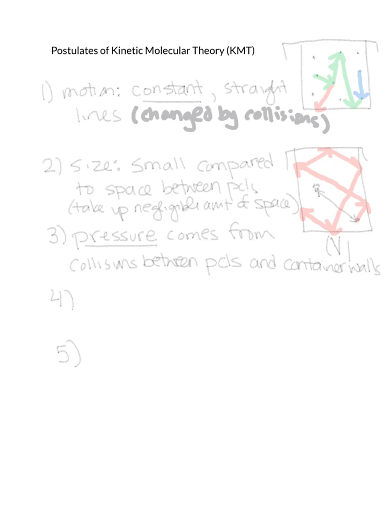The fourth postulate is about collisions again, and it's an assumption that we make about those collisions. Every collision is elastic, and what elastic means in this case is that there's no loss of total energy.